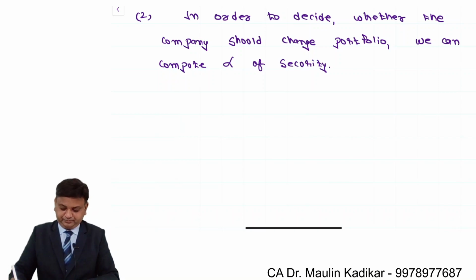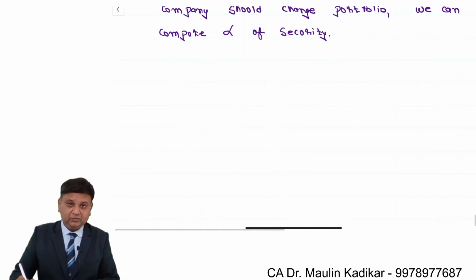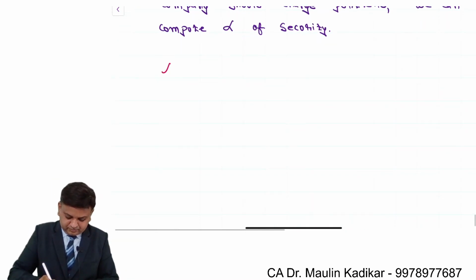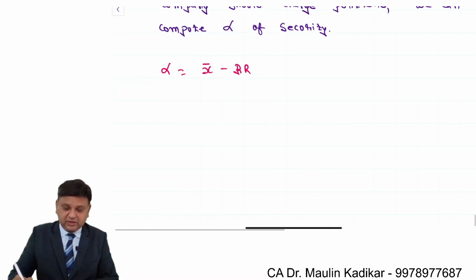Full stop. So write down the answer. Alpha is equal to x bar minus required rate of return.